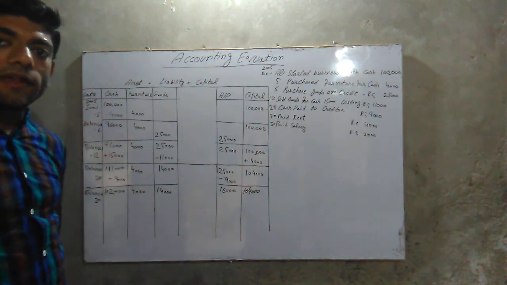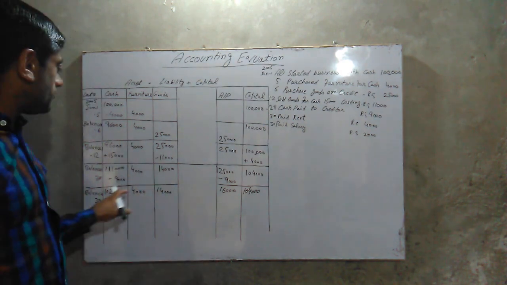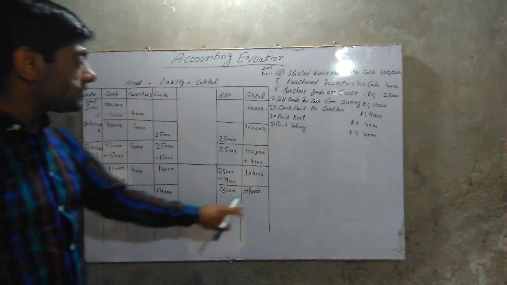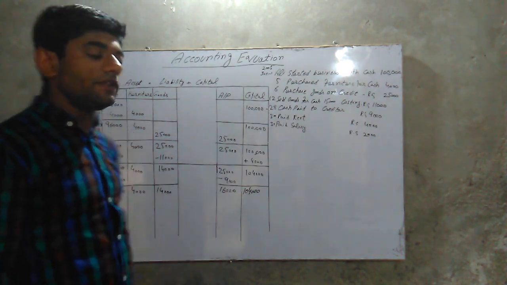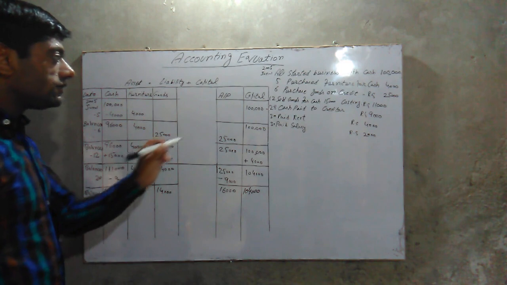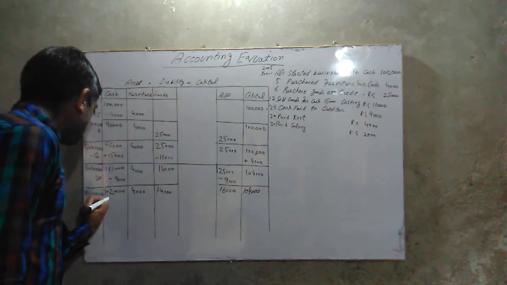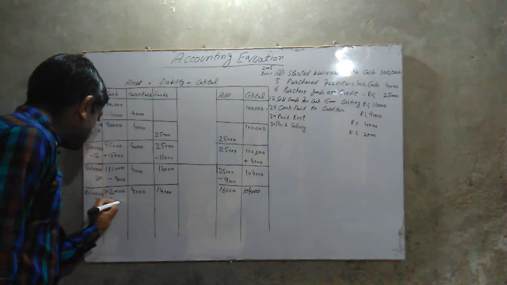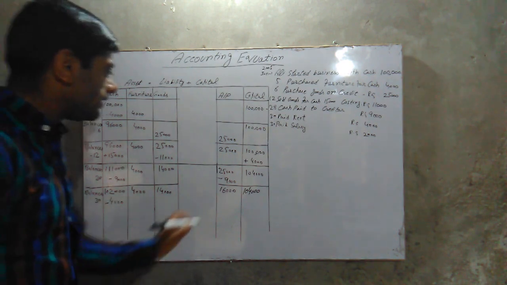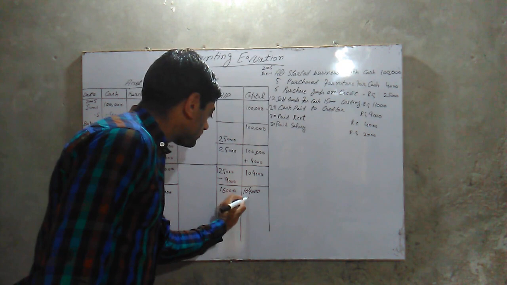When we pay an expense, it affects cash and capital. It is an expense of the business. So 4,000 reduces the owner's equity, minus 4,000, and cash minus 4,000.